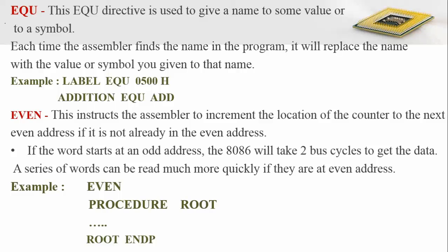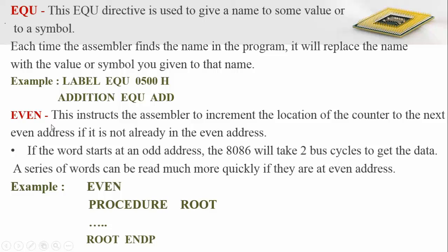Then only can we make use of the concept of even banking and odd banking of our memory system. Then we can reduce the number of bus cycles needed to read 16 bits of information. In that case, if we have to access the even bank and odd bank together, it requires only one bus cycle to access the complete 16-bit set of information. So this is the usage of this EVEN assembler directive.